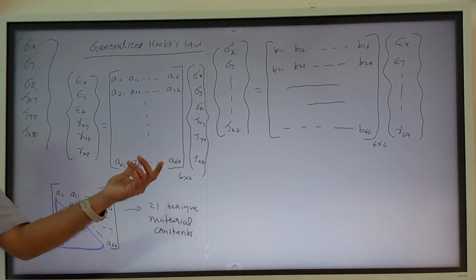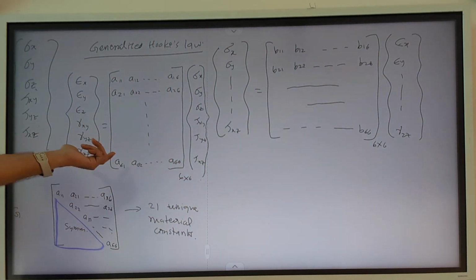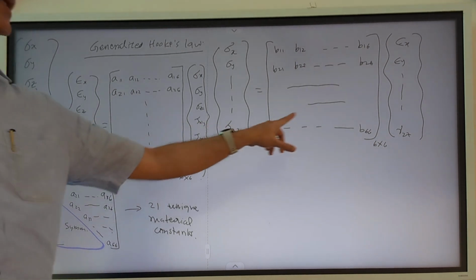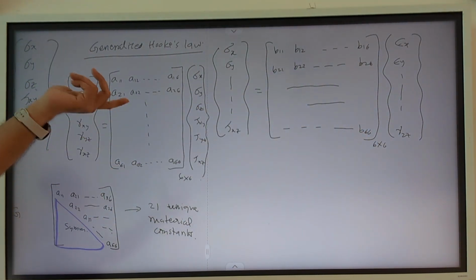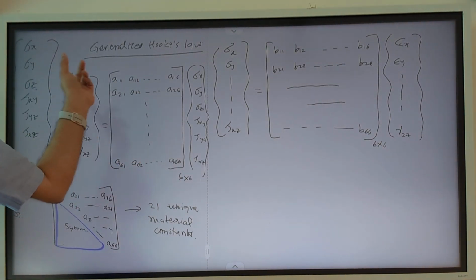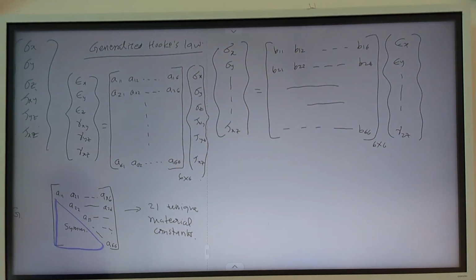The constitutive equations can be provided either as strain in terms of stress or stress in terms of strain. They are one and the same. If you invert this matrix and take it to the other side, you will get this particular matrix.